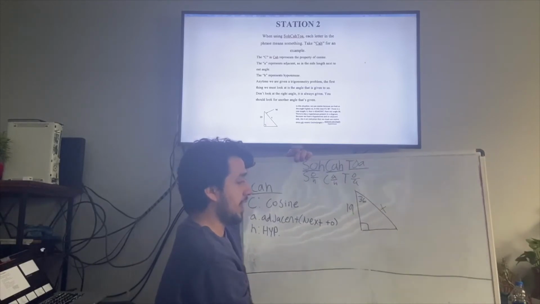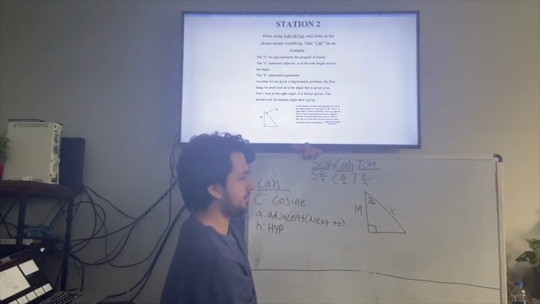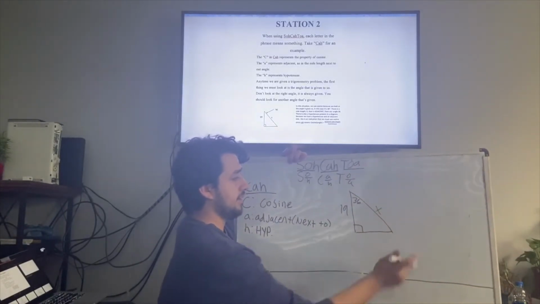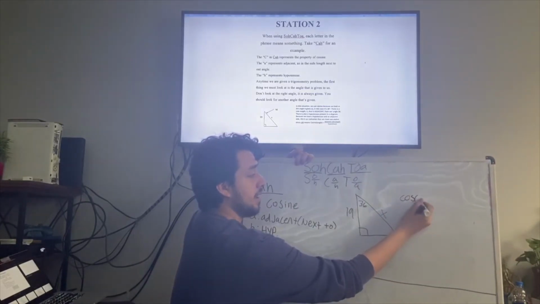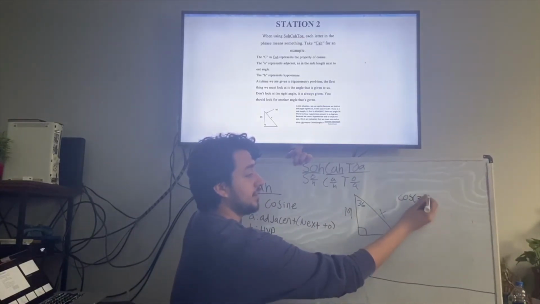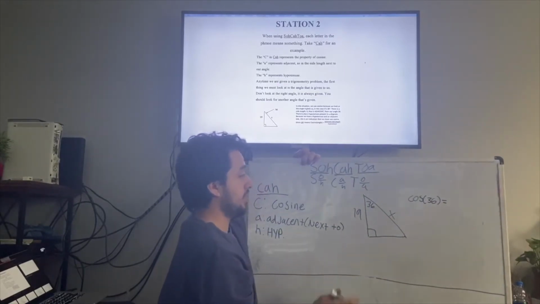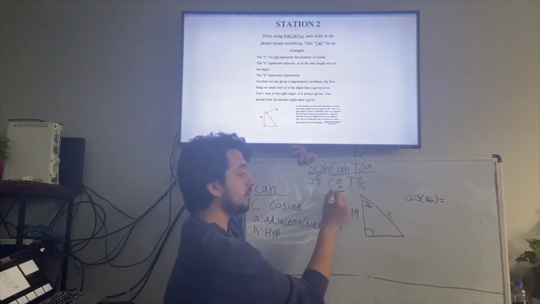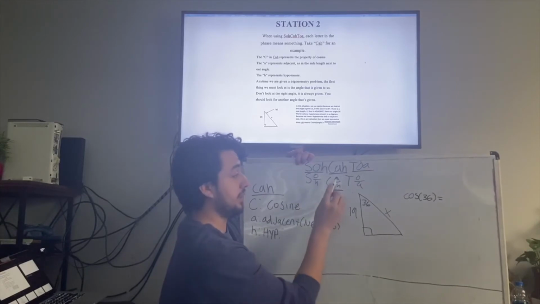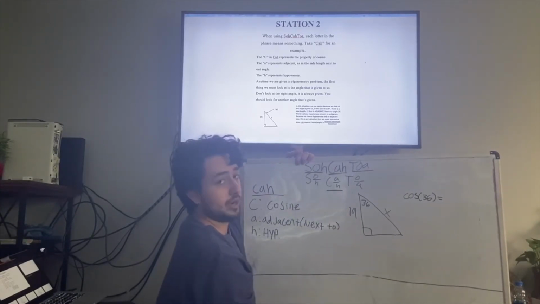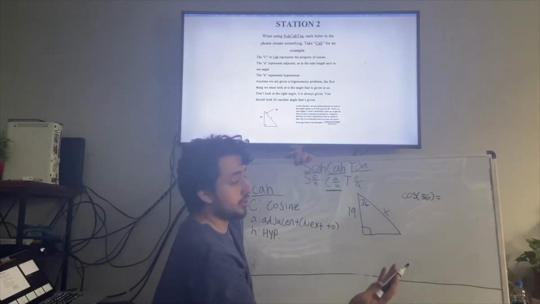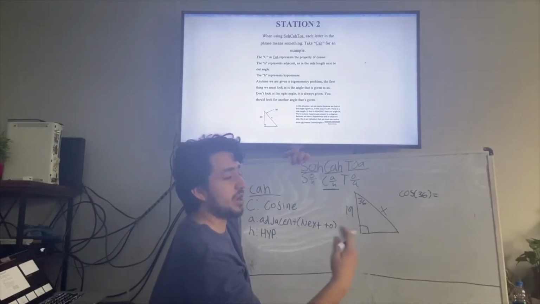Based on this, do you remember how we set it up? That's right, we set it up with cosine of 36 is equal to, now look here, our ratio is gonna look like adjacent on top and hypotenuse on the bottom. That's why we use SOHCAHTOA. It reminds us how our ratio is supposed to look.